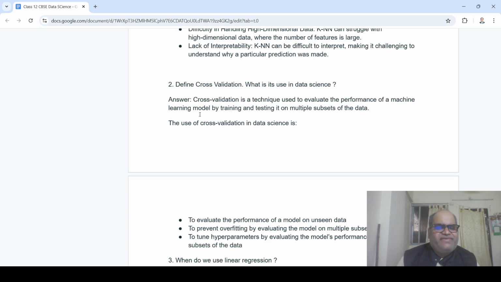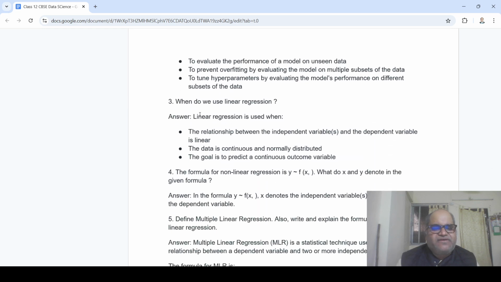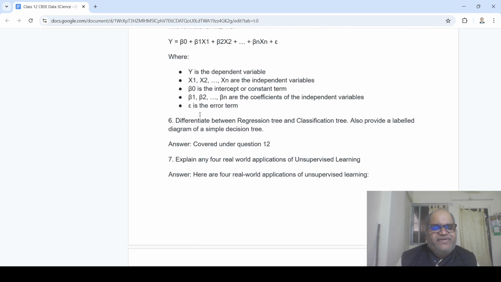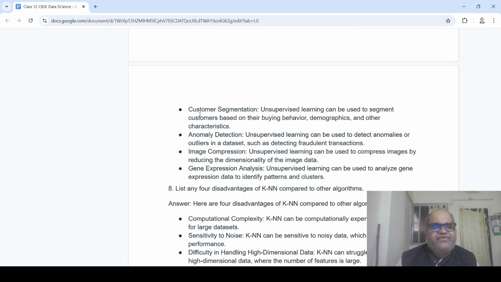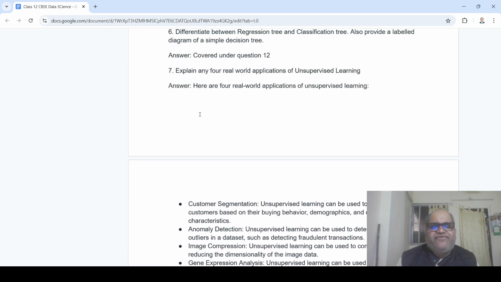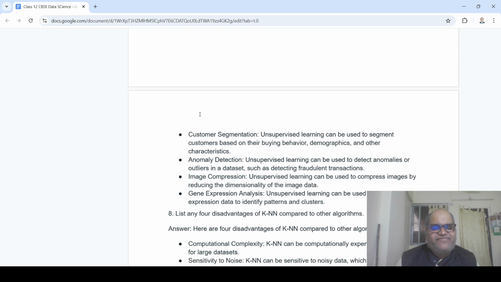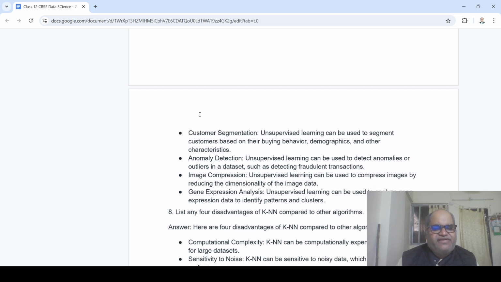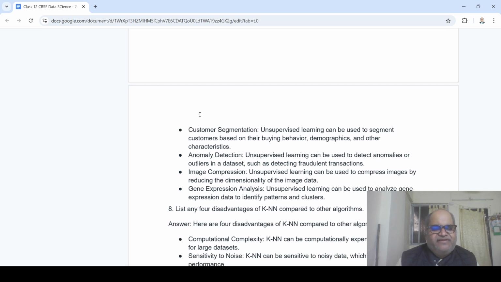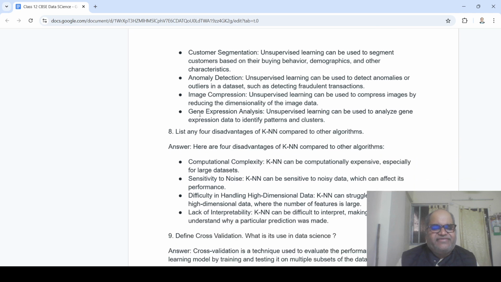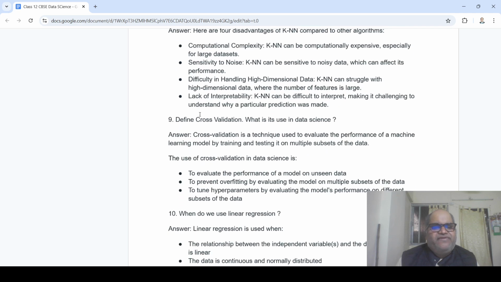In the case of k-means, what is the value of k? Those kinds of things. Linear regression, we have seen, and multiple linear regression we saw in the previous video. Explain any 4 real world applications of unsupervised learning. We have seen this: customer segmentation, anomaly detection, image compression, and news. There are many others. We have seen it multiple times.